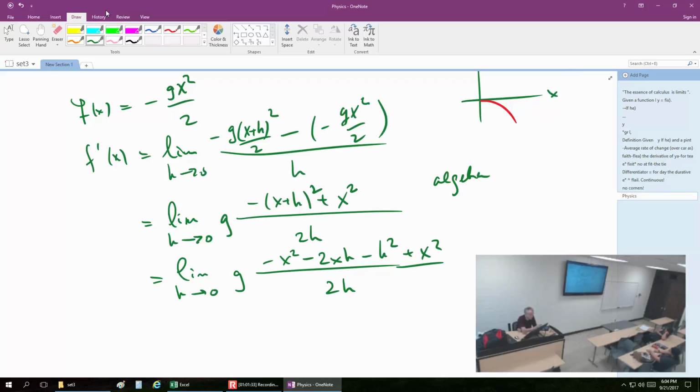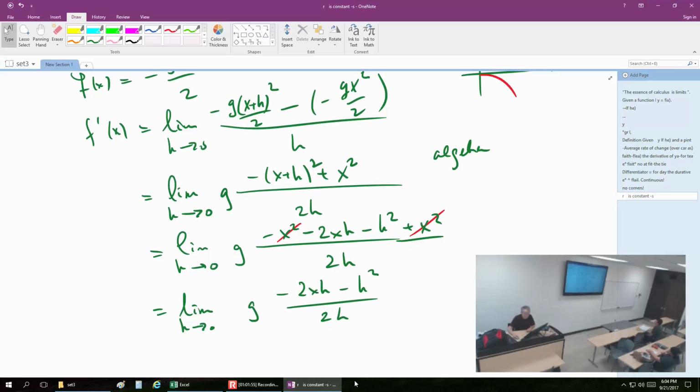Now x squared cancels every single time. I'm left with g times negative 2xh minus h squared over 2h. I cancel h, which is what we were after anyway. So I divide the numerator by h as well as the denominator by h.